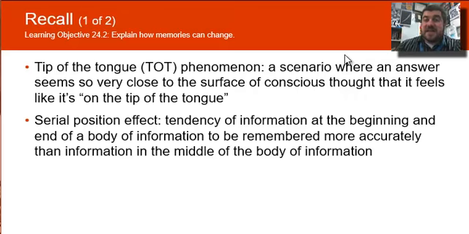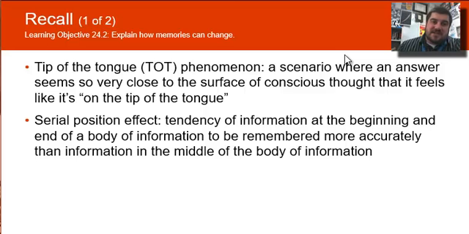And so in recall, there's a couple of different theories. One is the tip of the tongue phenomenon, which is where you think that the answer is so close and you can almost pull it and it feels like it's on the tip of your tongue, but you just can't get it. And then the serial position effect is the tendency for information at the beginning of what you memorize and the end of what you memorize in a body of information to be remembered more accurately than stuff in the middle.